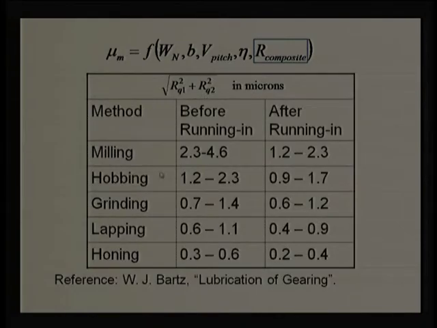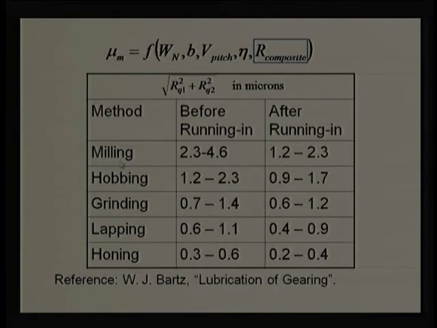Now, it has been observed that when we manufacture the gears and start operating them, they have a different surface roughness compared to what we get after a certain duration, and for that we use the term running-in time. This is shown over here: the milling operation, hobbing operation, grinding, lapping, honing.